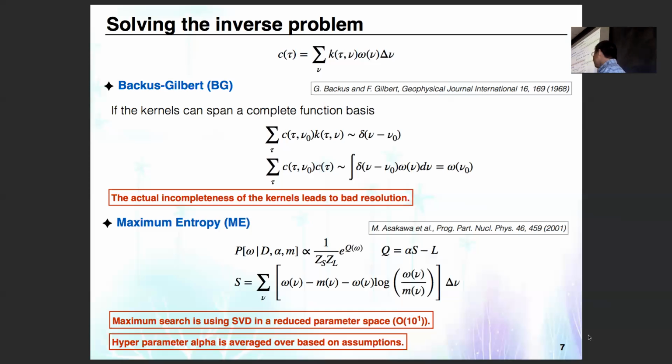But you're right. How we choose alpha, how we choose the default model M, this is a big issue. What we can hope is that for the region where our data has very good signal, the constraint from our data is much stronger than this alpha S term.